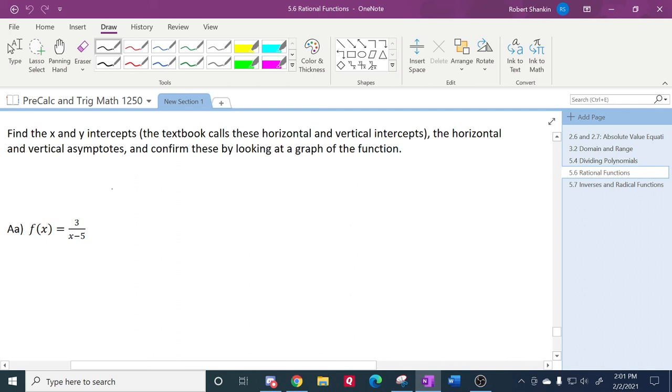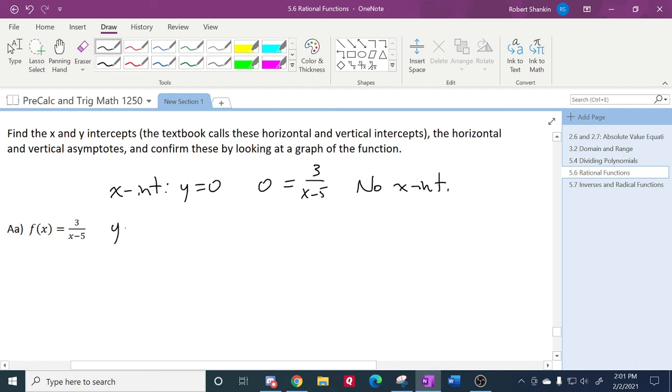Alright, so I'm going to do my x-intercept. I set my y equal to 0. 0 equals 3 over x minus 5. Now the only way a fraction can be 0 is if the top is 0, but the top is stuck at 3. So there is no x-intercept, because that has no solution.